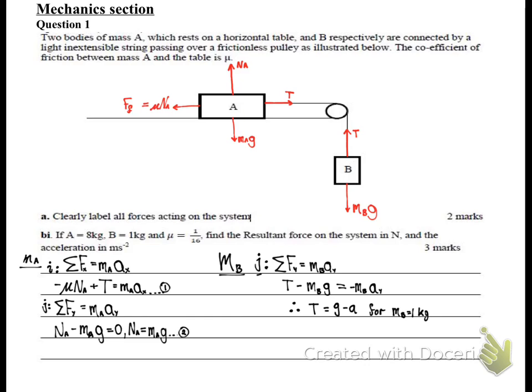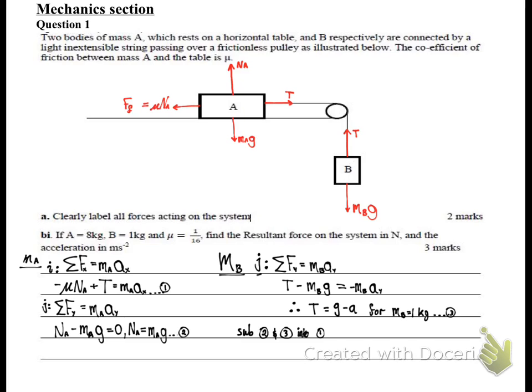So for a mass of 1 kilogram, we get this for tension, by substituting 1 in there for the mass and solving for T. We've got g subtract the acceleration that it will experience when the system moves, and B block moves in the downwards direction. So we're going to use this equation, it's number 3, we're going to now combine some equations.